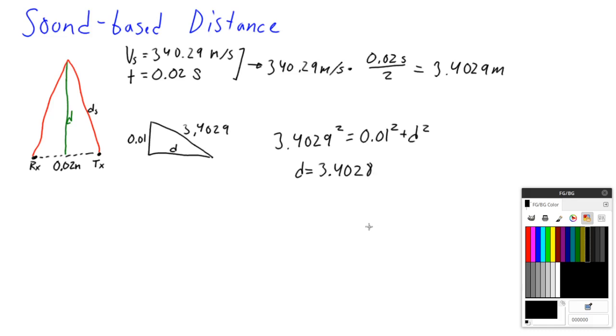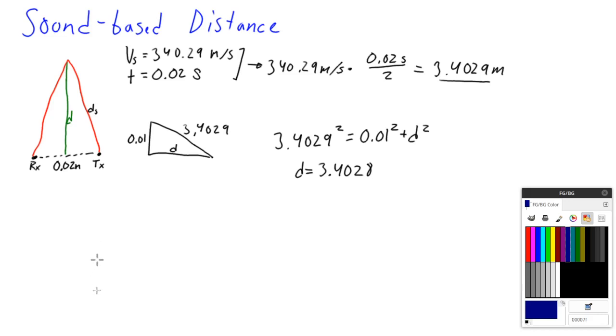3.4028. Now, does this number look familiar? Well, it's pretty similar to this number right here. And why is that? Well, if you think about it, sometimes your sketches can be a little misleading, because what that triangle really looks like is this little 2 centimeter line, or in our case for our triangle, a 1 centimeter line, and then this massive length of 3.4 meters.